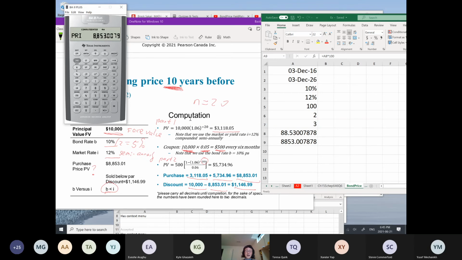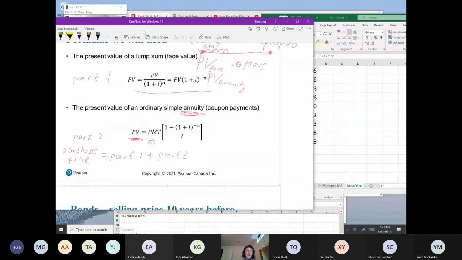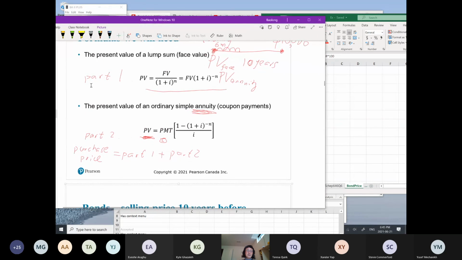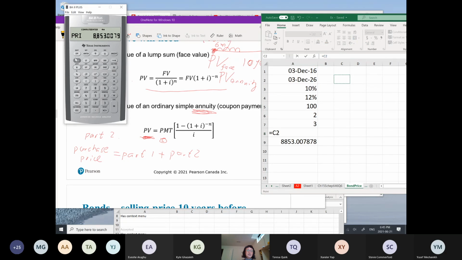Method 1, formula: to calculate purchase price, you need to calculate 2 present values. Part 1, the present value of the face value. Part 2, the present value of the coupon payments. Add part 1 and part 2, and you get the purchase price. Method 2, the Excel price function. Method 3, use the calculator bond function by clicking second, bond.